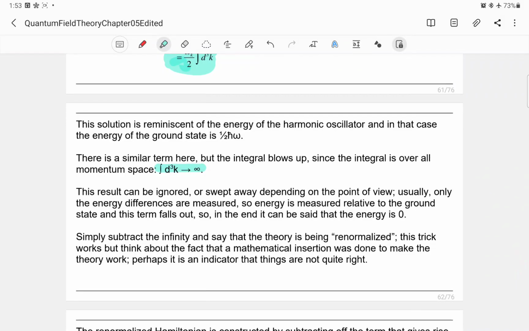But think about the fact that a mathematical insertion was done to make the theory work. Perhaps this is an indicator that things are not quite right.